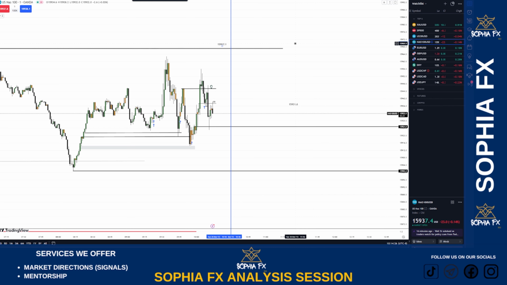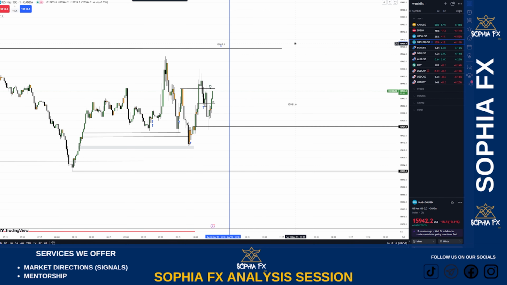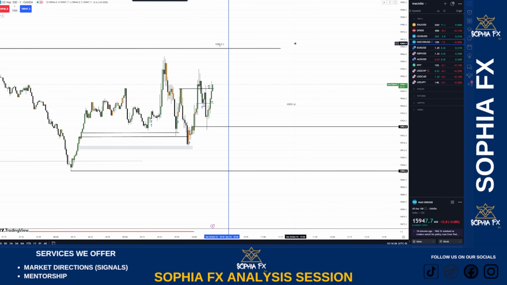But for me to start buying, to add more positions, I expect price to go high with a strong push upwards. As I'm looking now, I start to realize that price is not really pushing that strong.